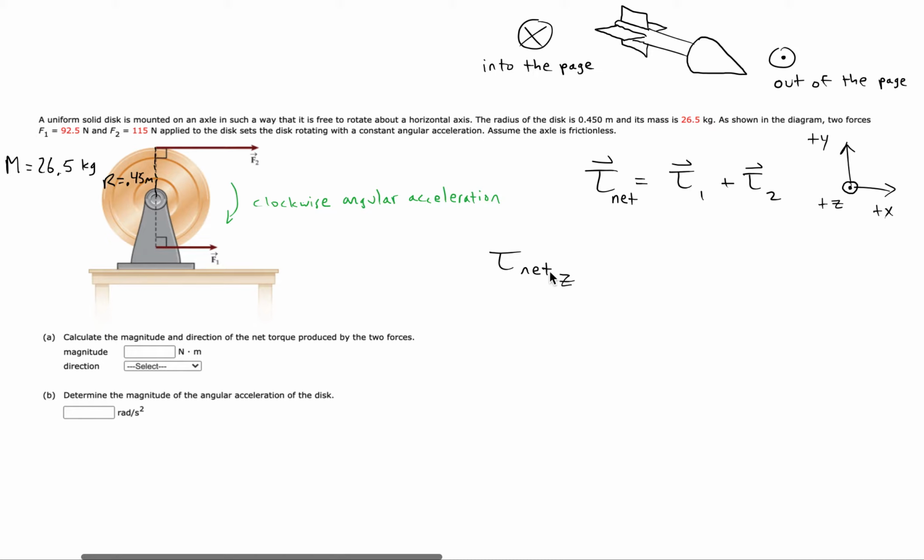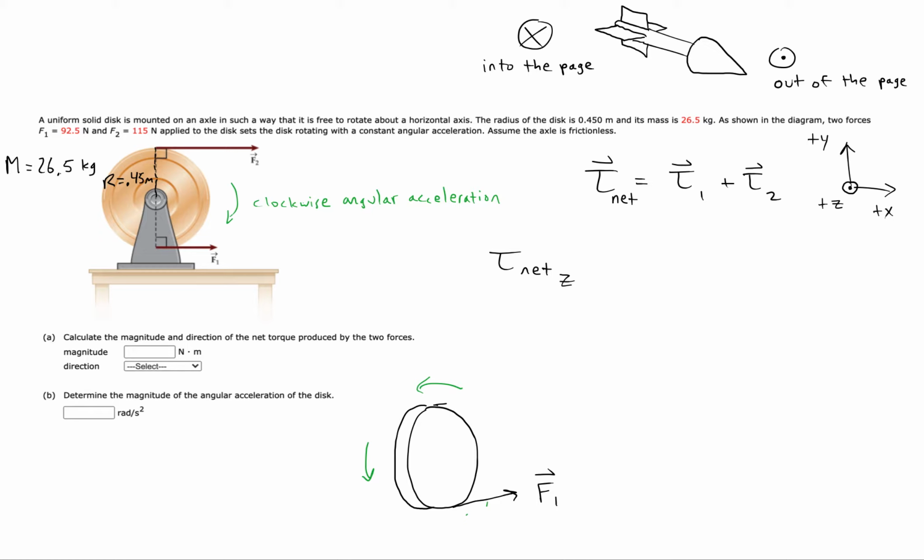Alright, so when we do a torque relative to z-axis, we mean that the torques are either going to be negative or positive depending on whether they're into the page or out of the page. Alright, so one option for this disk then is to use another right hand rule called the corkscrew rule. And how does that work? Well, F1 alone would make your disc want to spin counterclockwise.